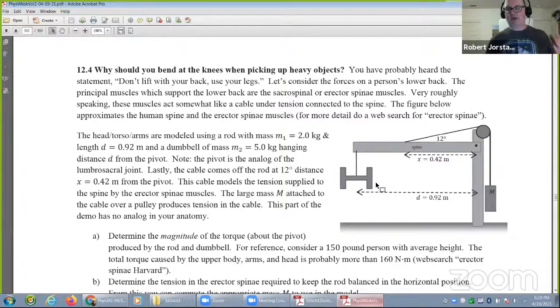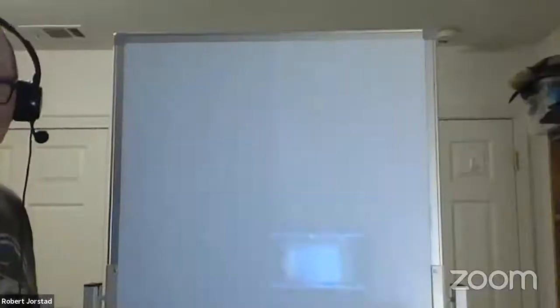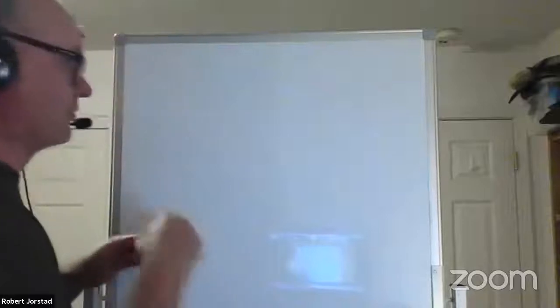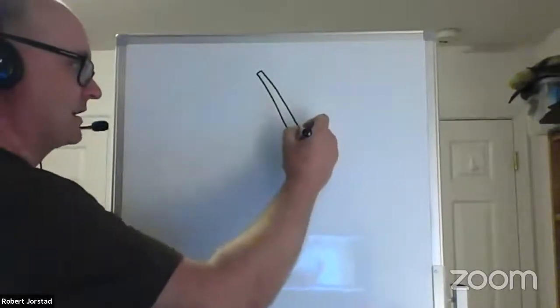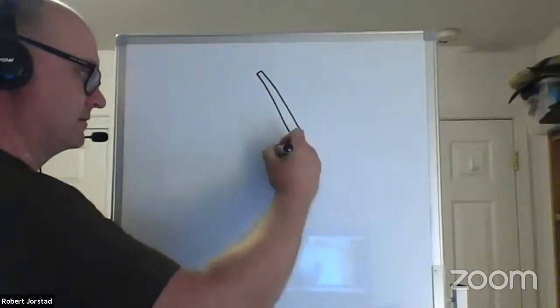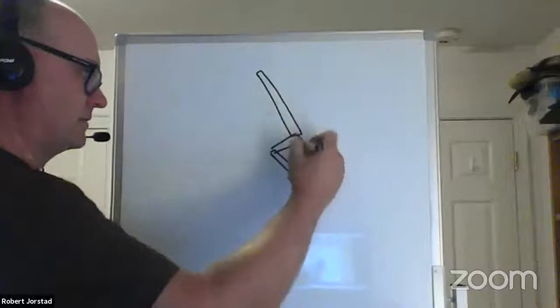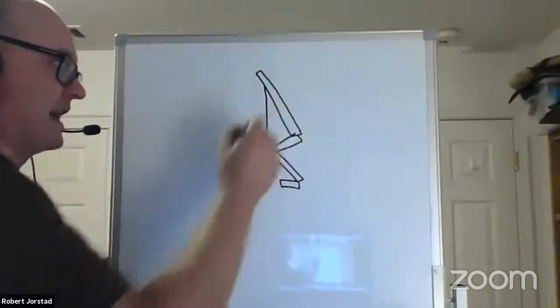And if you try to lift this thing like this, let me just go to the whiteboard. Imagine if you tried to lift this thing. If you redid the model of your body like this, where you bend less here, and then you have 2 pivot points here, and then your arm is hanging down.